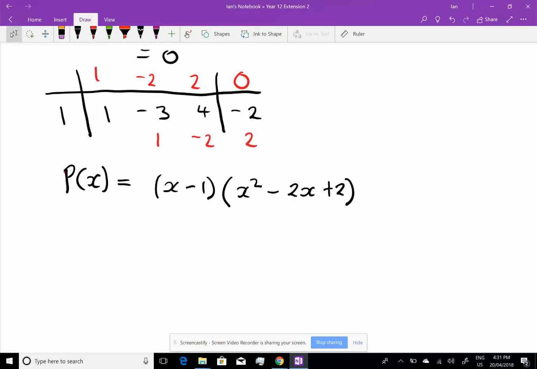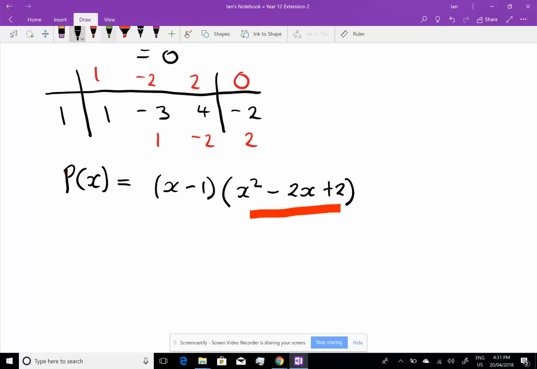Now, I have to factorise that. And again, I'm going to realise very quickly that 4 minus 4 times 2 is negative, so I'm going to get another case where this is going to give me a complex solution. So I'll just go over here.